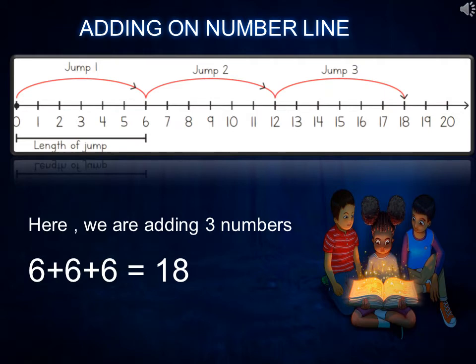As we have studied earlier, to add numbers, here the question I have taken is 6 plus 6 plus 6. So students, assume answer to be blank. On solving, what we will get? We will begin with 0.